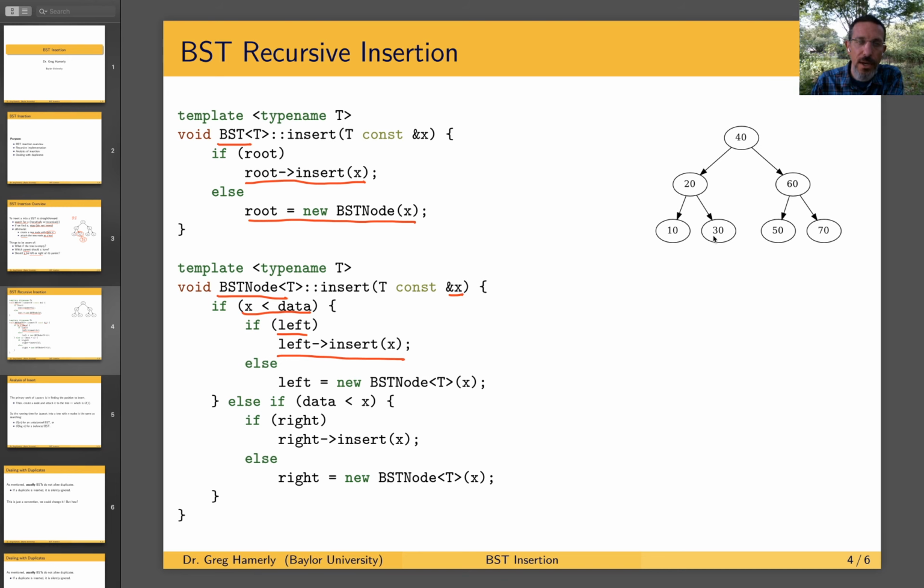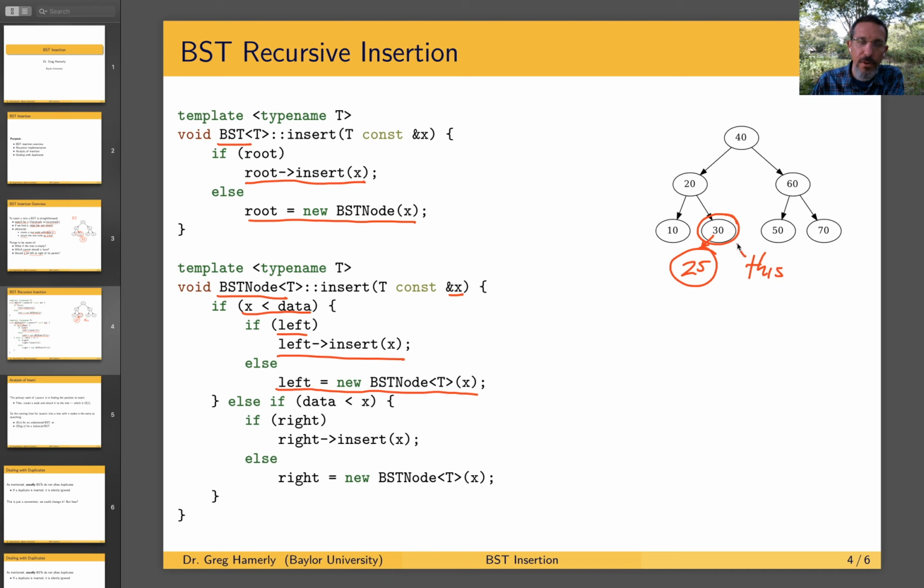So suppose we've gotten here. So 25 is less than 30, but there is no left pointer. Well, there's a left pointer, but it's null for 30. So we're going to make left equal to a new node here. Okay, that's what this line right here does. It says if the current node is 30, that's this.